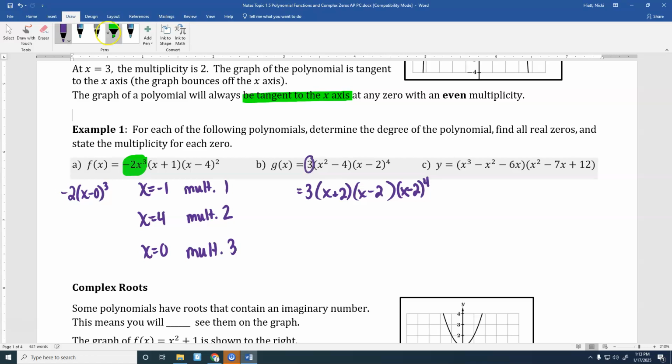And then you'll notice these two right here match, right? They're the same. So we could actually combine them, and we want to, so that we have our multiplicity correct. So we could write this as 3 times x plus 2 times x minus 2. What power on my x minus 2? 5.